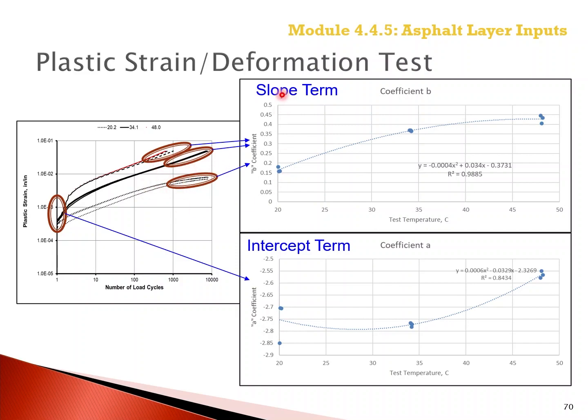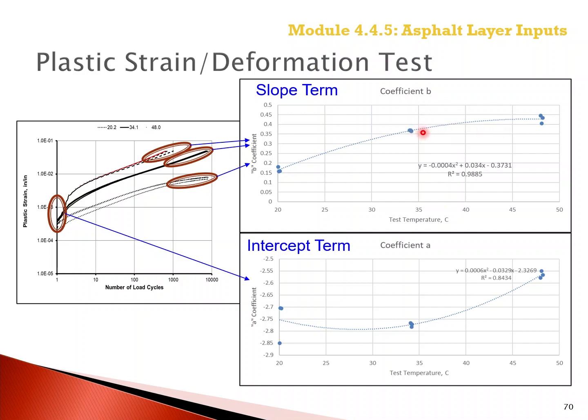The slope term, or the exponent for the number of load cycles within the steady state region, was determined for each temperature and test specimen, and the average slope term S sub t, or the coefficient B, is plotted as a function of temperature in the upper chart on the right.